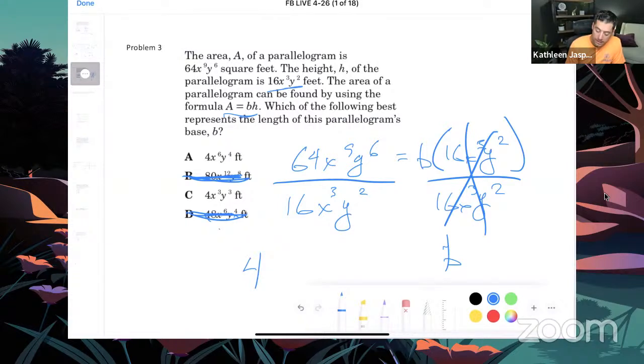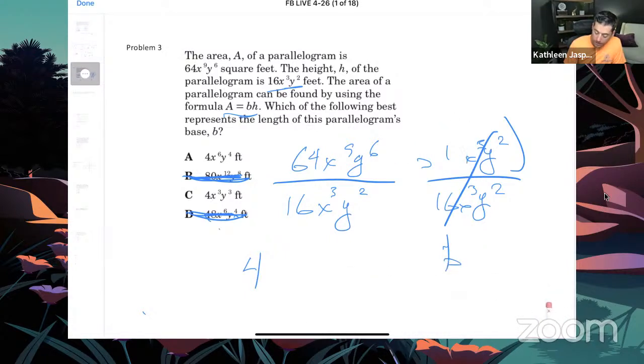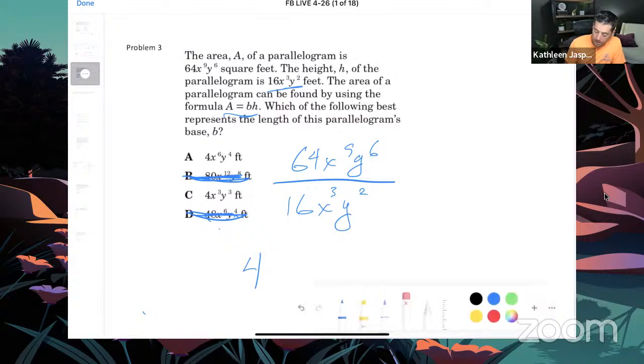Next, I have x^9 divided by x^3. So what happens when we have variables that have exponents on them? Well, the first thing we need to do is erase this here, because we all know what we did over here. If I have same bases, x^9 and x^3, I've got 9 on the top and 3 on the bottom.